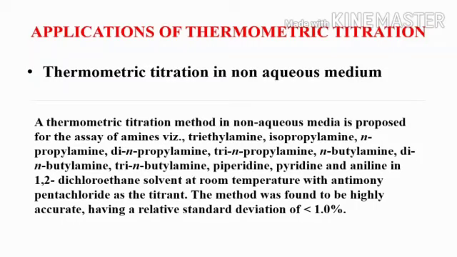The precision of a thermometric titration is usually plus or minus 1%.